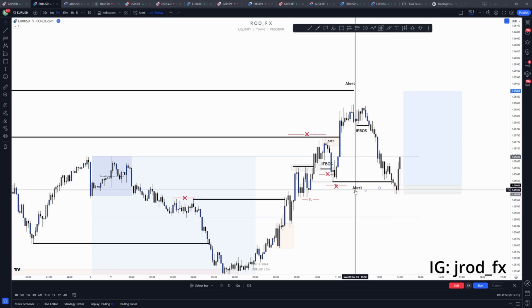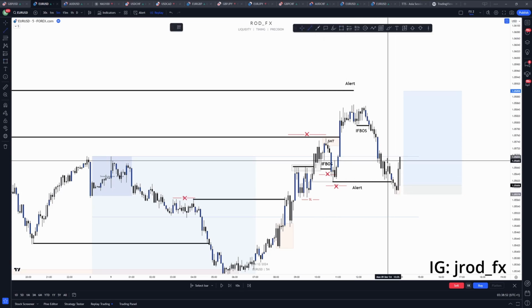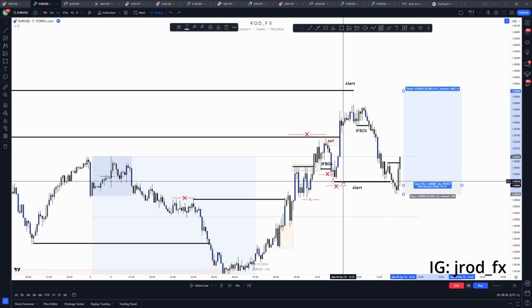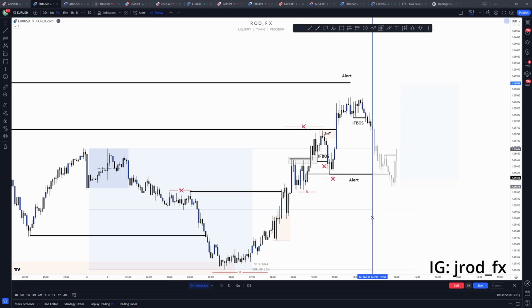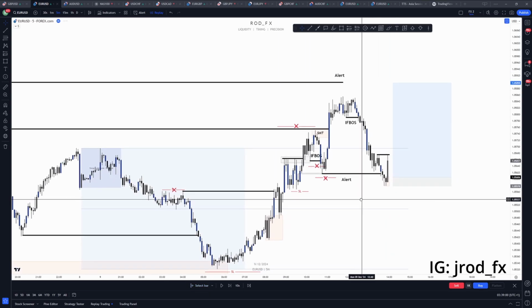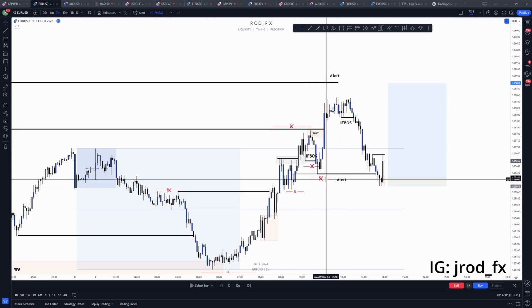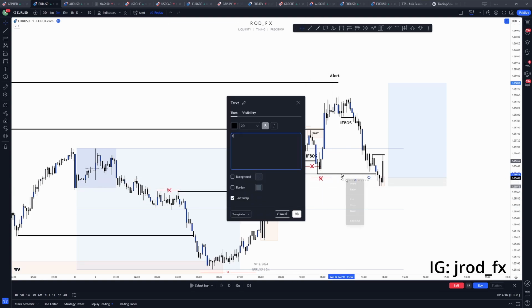Now, as you can see, price comes back, perfectly mitigates this point. Again, this is not here, as you can see, these are equal highs. As we can see, we can go back in one candle. These are equal highs. It's not considered a relevant breakout structure after that FBOS. So let's identify this as an FBOS.